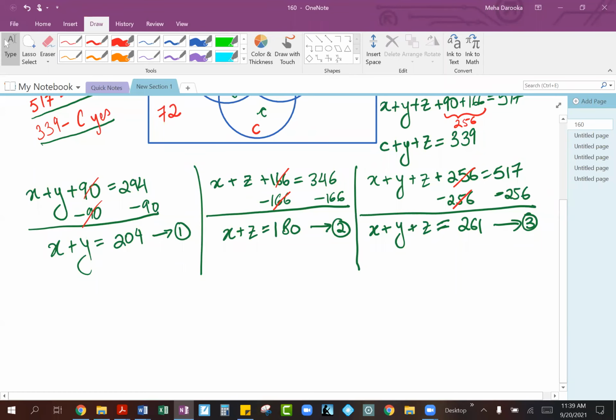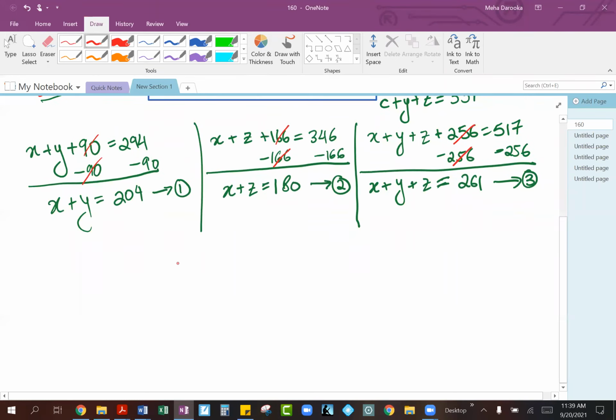So can we combine, you know what? The way I'm looking at this, we can either combine equation 1 with equation 3 or equation 2 with equation 3. So this is kind of what I'm thinking.